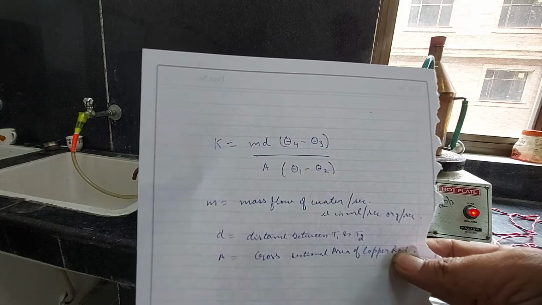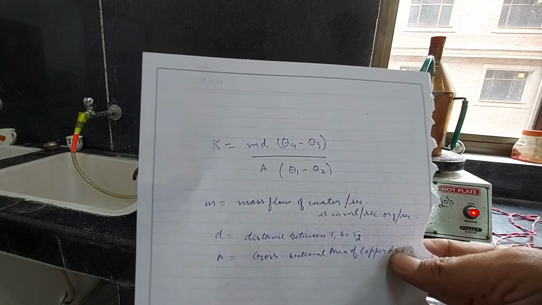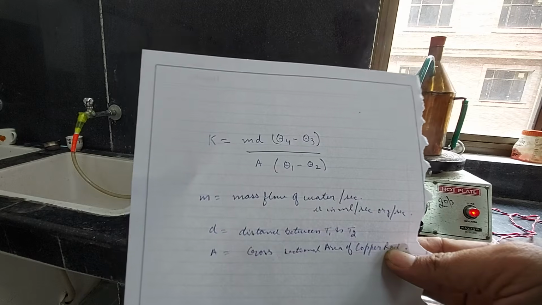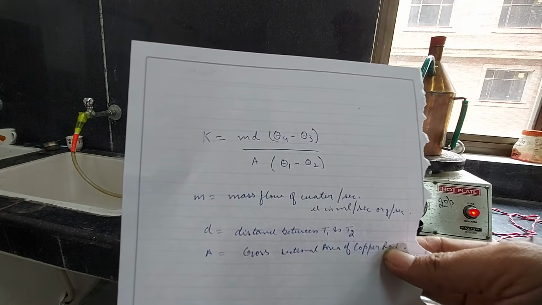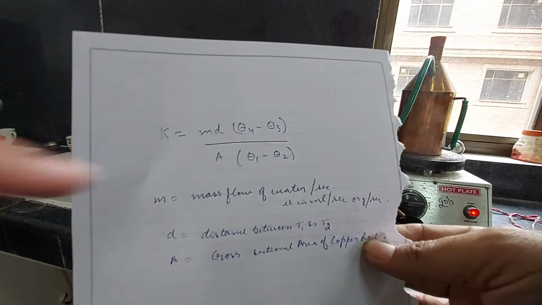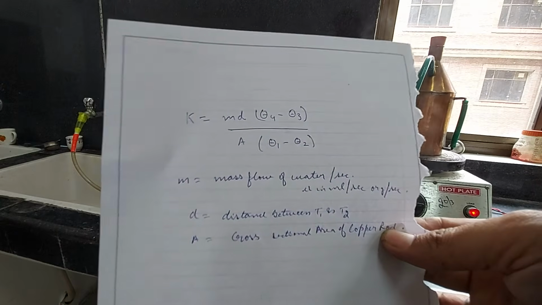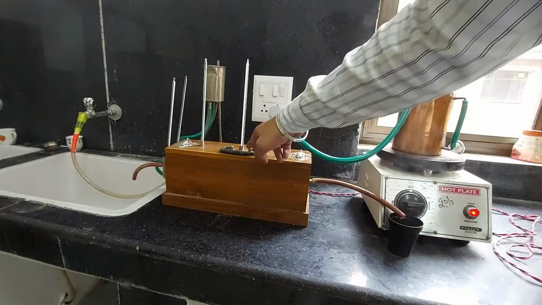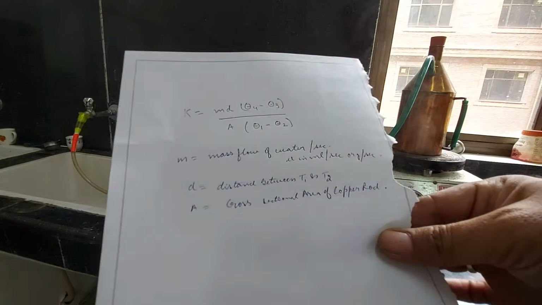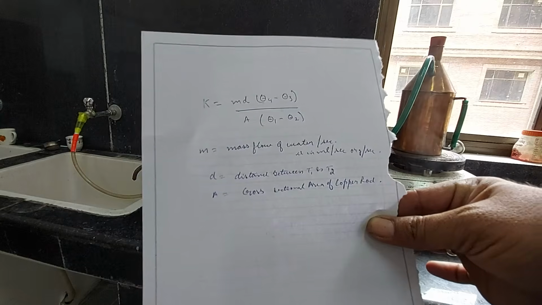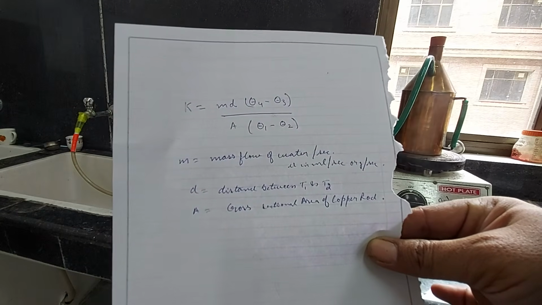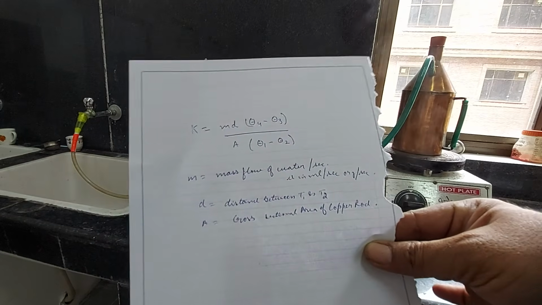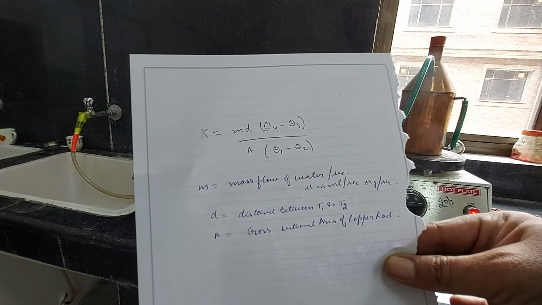As we have already calculated the flow of water per second in ml per second, and as we know that 1 ml of water is approximately equal to 1 gram, we can also note it down as grams per second. d was the distance between the thermometers T1 and T2, this was small d, and A was the cross sectional area of the copper rod for which we had measured the diameter. So, inserting all these values in this formula, we can find out the thermal conductivity of the copper rod.